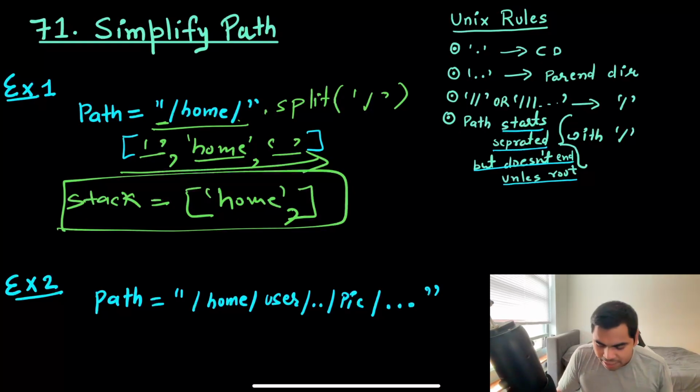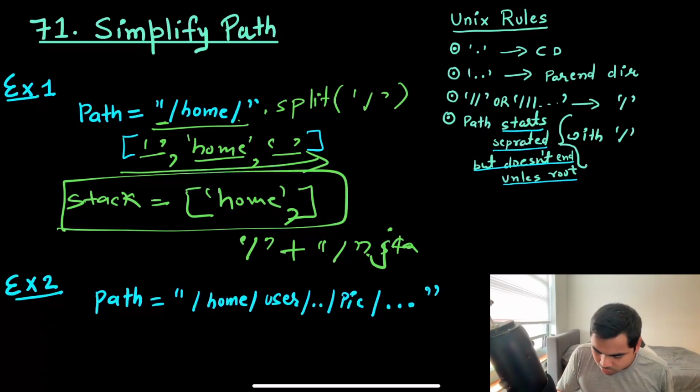Then what I do is I return a forward slash plus everything inside my stack joined by the join function, joined by forward slash.